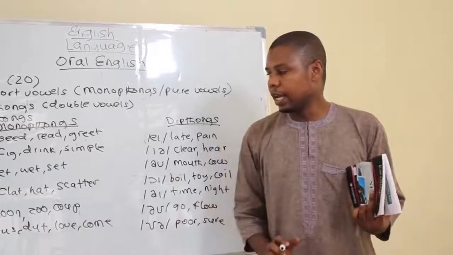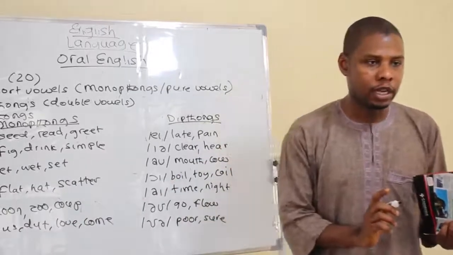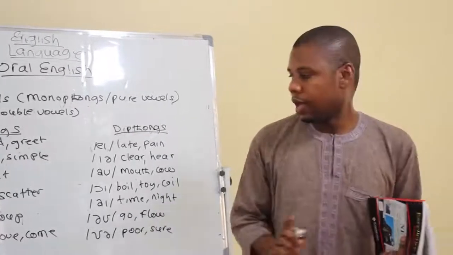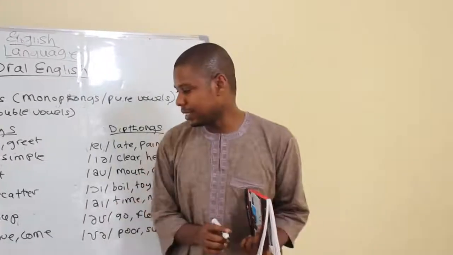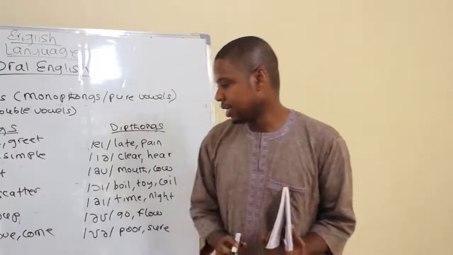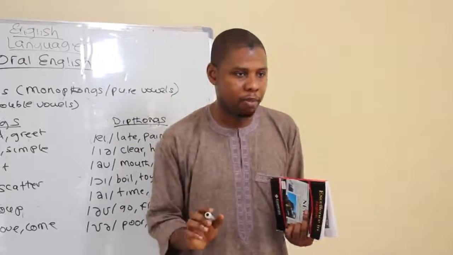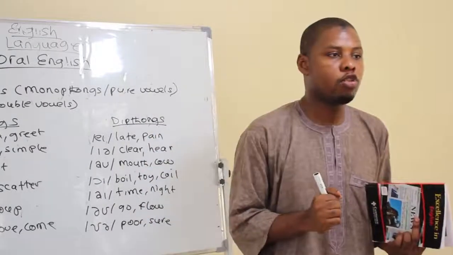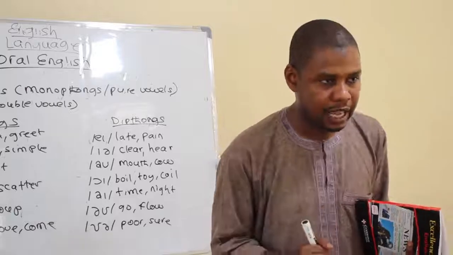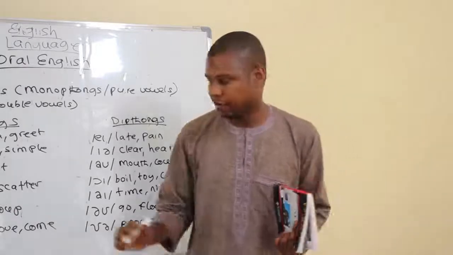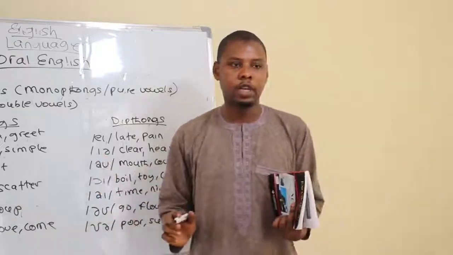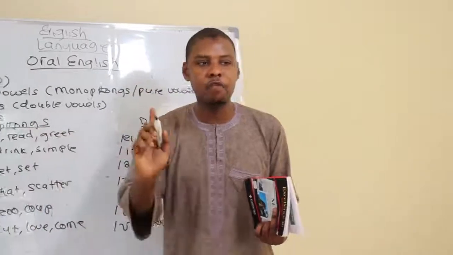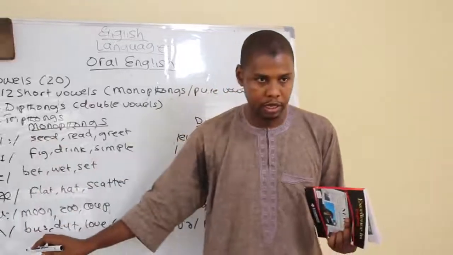Now, the next one is a short sound, and you find it in words like bus, dust, love, and calm. So you don't say love, you don't say cup, you don't say dust. You say dust, camp, and lab. All these are examples of monophthongs because they involve only one vowel.